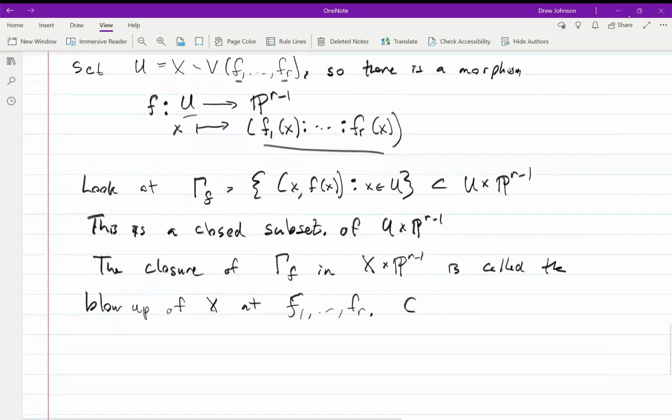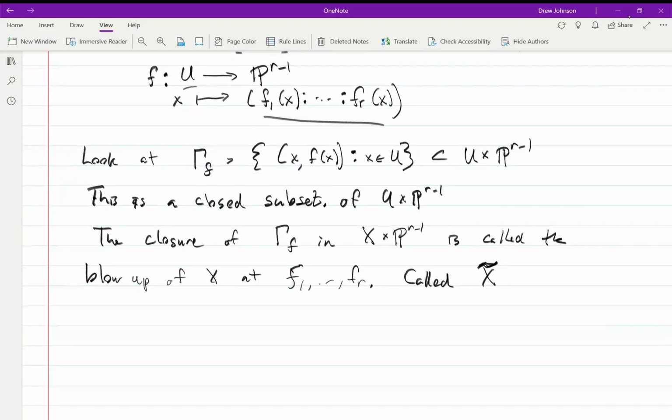Okay, we will use the notation usually X tilde, with a little wavy thing over it, to indicate the blow-up. We should also note there is a projection map from X tilde to X. Where does that come from?